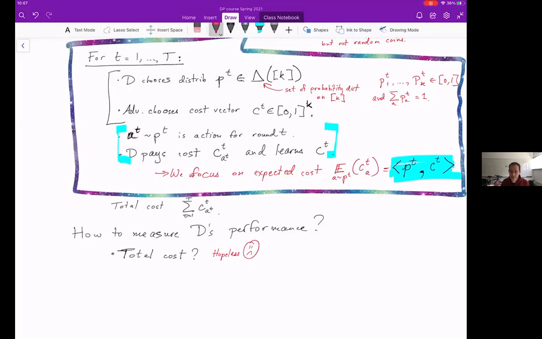And so the adversary could just consistently choose super high costs for all actions. They could assign cost 1 to all possible actions, and then nothing D could do would result in a low cost. Okay, so just looking only at the total cost in isolation isn't very informative, because the adversary can choose high costs for all actions.